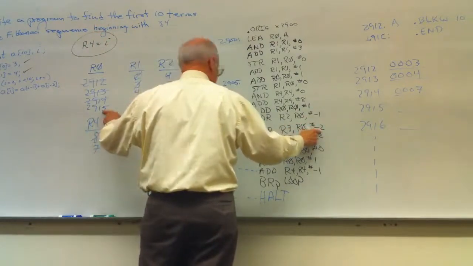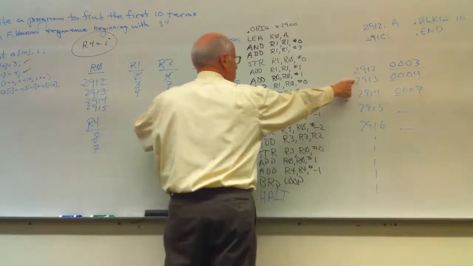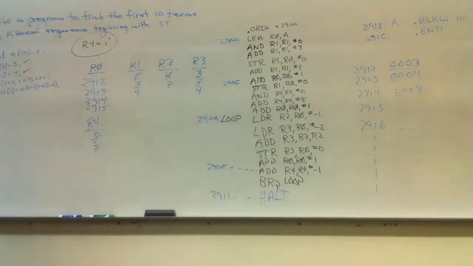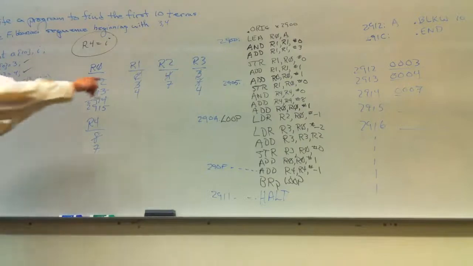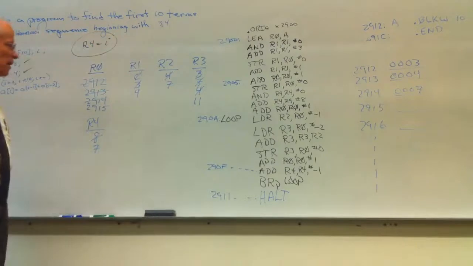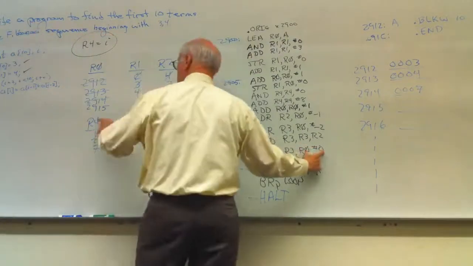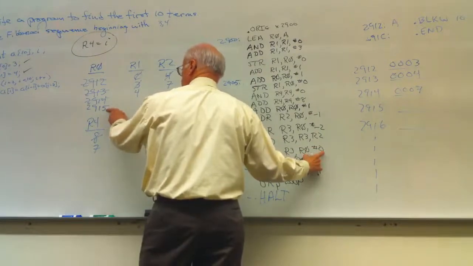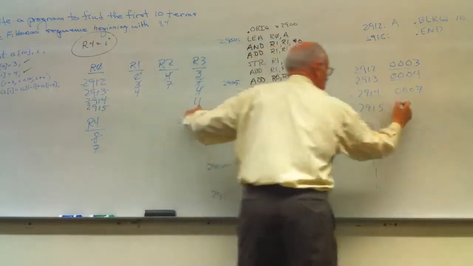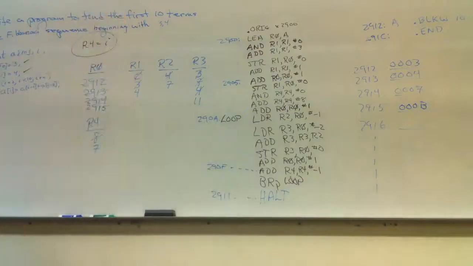-2 on this gives me 2913. So I go from that location to register 3, that's a 4. Add them together, in decimal that gives me an 11. Store it, I add 0 onto register 0, 2915, and that's where I store register 3, 2915. 11.